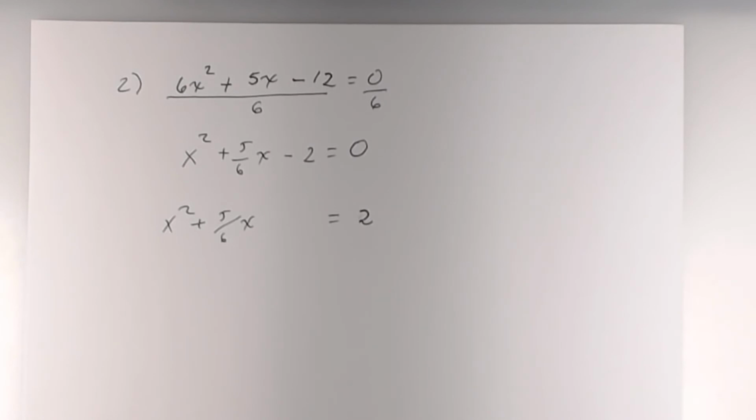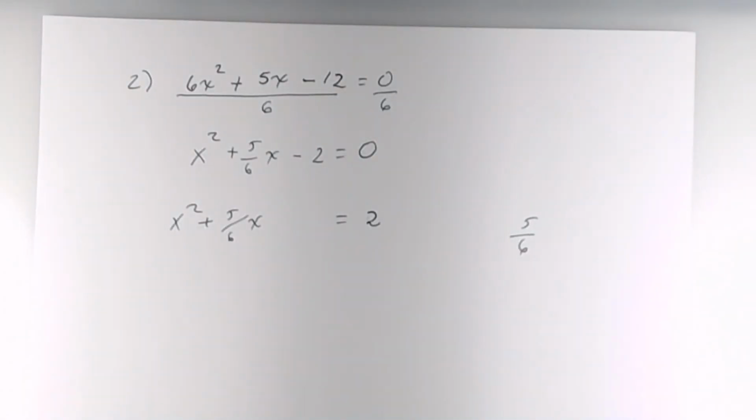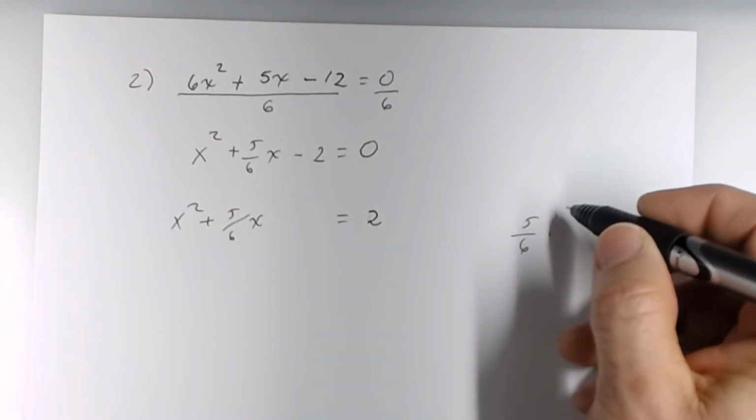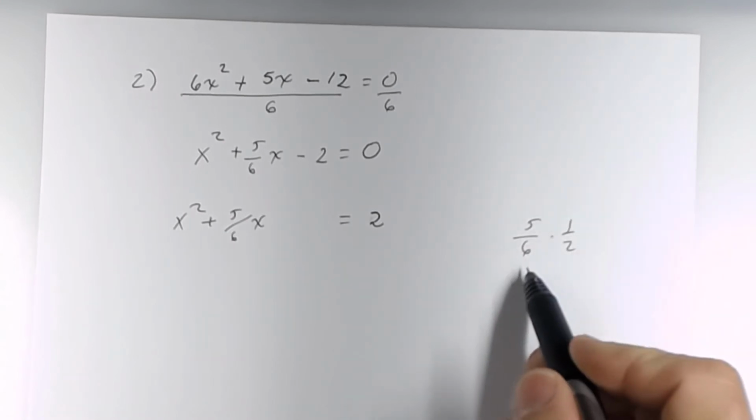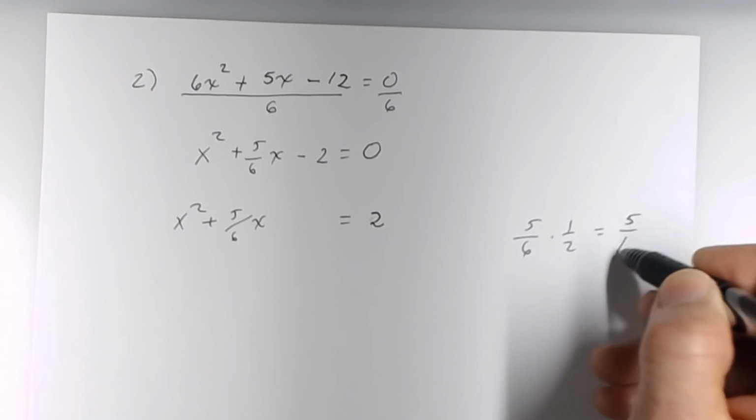Take the coefficient of x, which is 5/6, and take half of that. Remember that? We just talked about how to take half of 5/6. Let's just go ahead and multiply by 1/2. That's probably the easier thing to do rather than dividing by 2, because you end up with this anyway. What is that? 5/12.